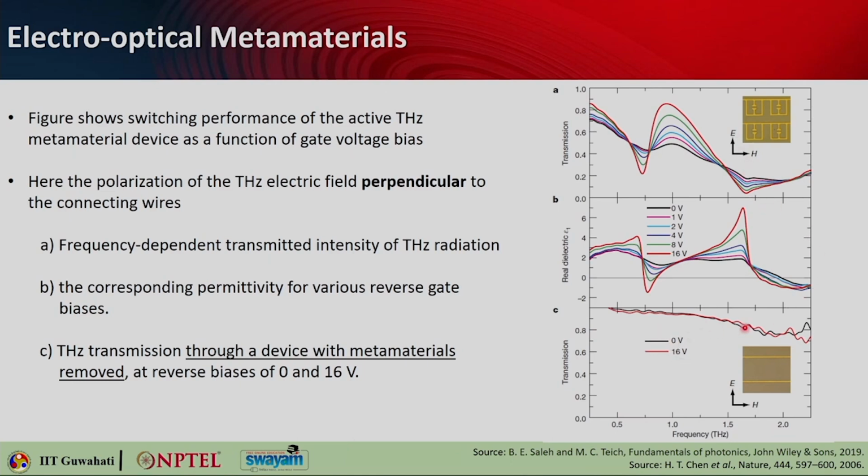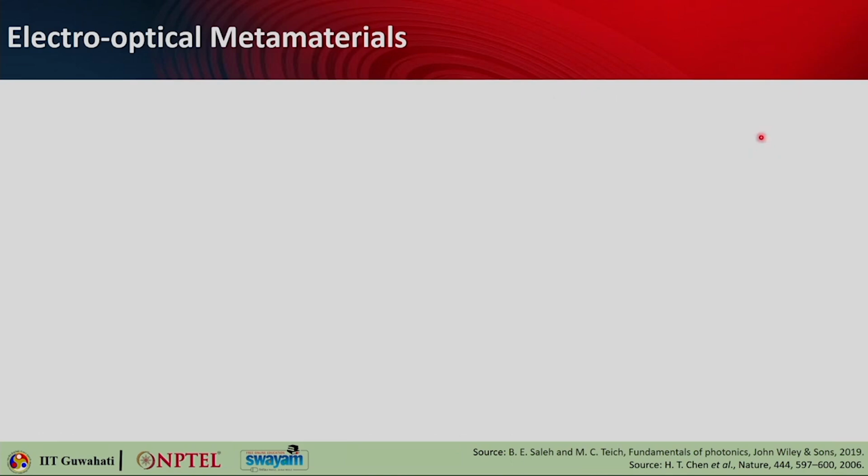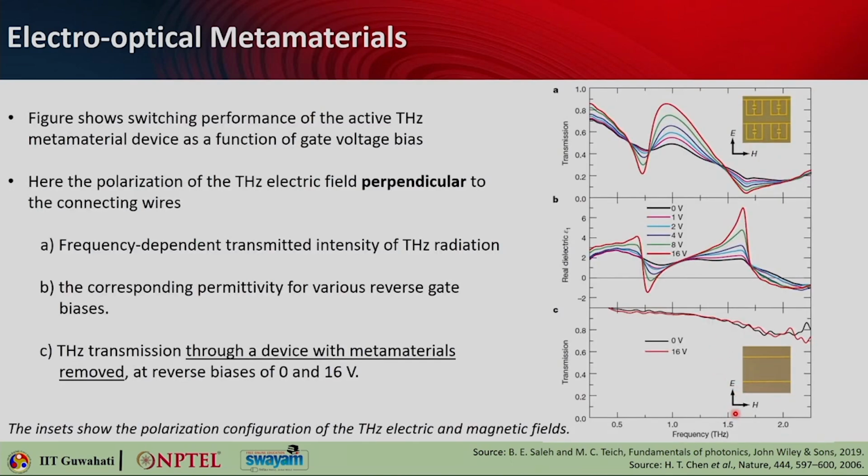Now, if you see the difference between 0 volt and 16 volt of the same structure with the metamaterials removed, you will see that there is no noticeable difference in the transmission curve. It means the main tunability is coming from this metamaterial structure. In both cases electric field patterns are shown here.